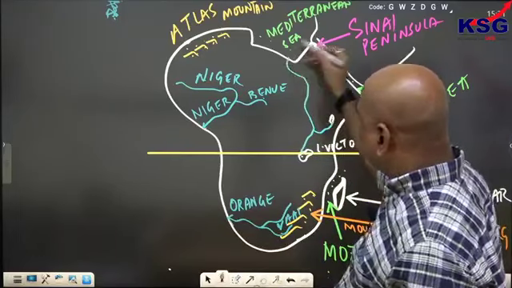And here another river is there. If you can see, ऐसे आते हुए ऐसे जाती है, जिस रिवर का नाम है कंगो. कंगो रिवर. River Congo is equal to River Zaire.